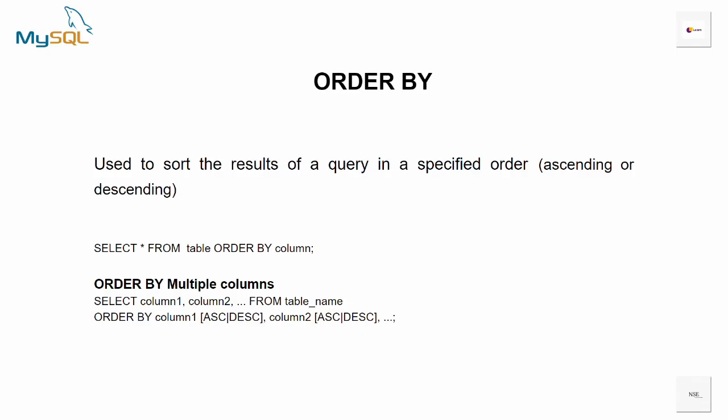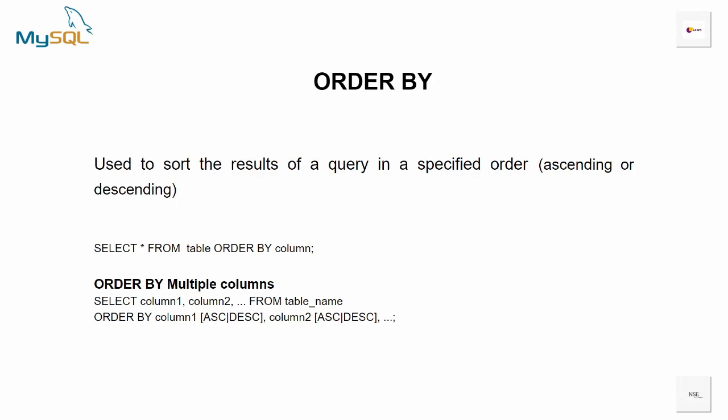The next clause that we want to talk about is order by clause. Order by clause is used to sort the results of a query in a specified order. This order can either be ascending order, in which case you are starting from the least value and going up, or descending order, in which case you will start from the biggest value and go down.